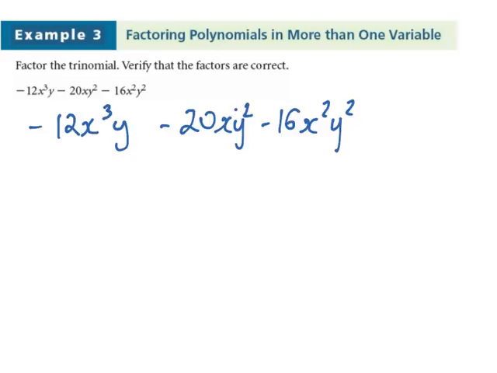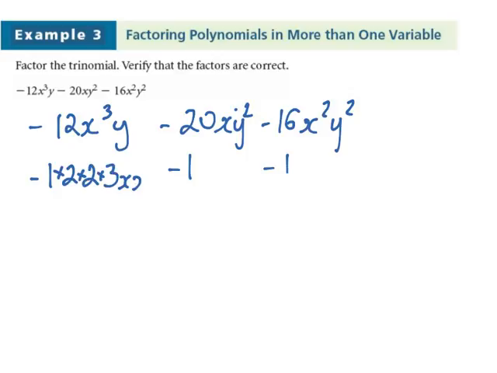Because we have all these negatives, every term has a negative 1 as a factor. Now the 12 has a prime factor of 2 times 2 times 3. And it has 3 x's and a y.